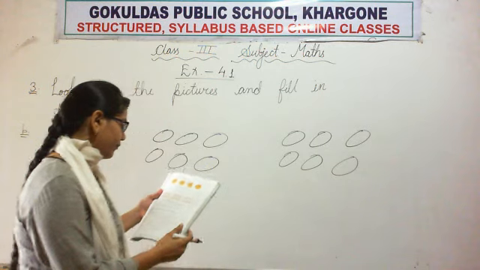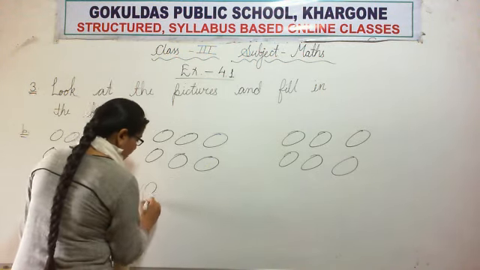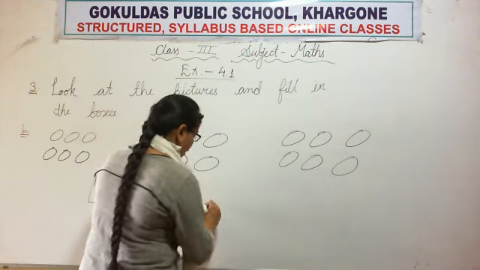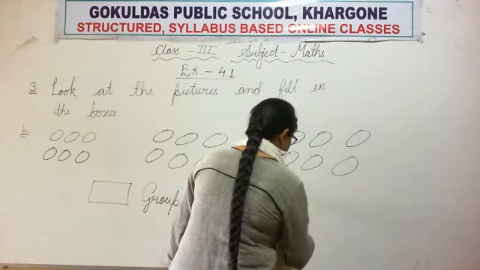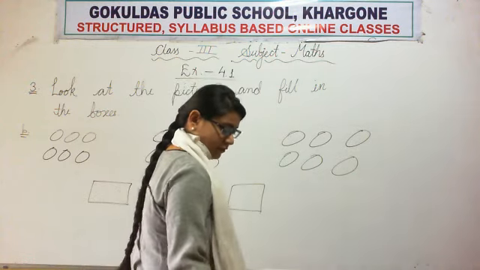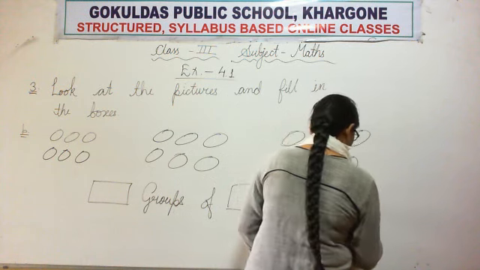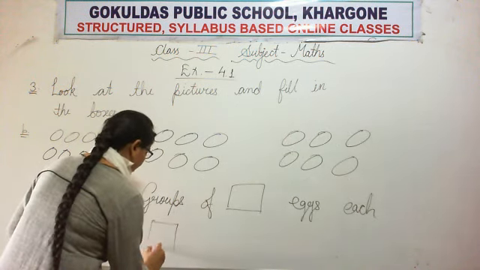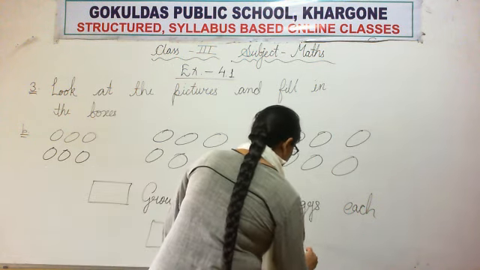Okay. So blank groups of blank eggs each, and then after finding this we have to write the multiplication sentence too.